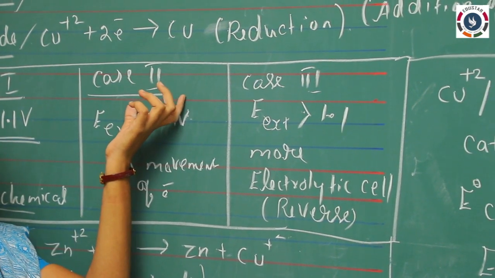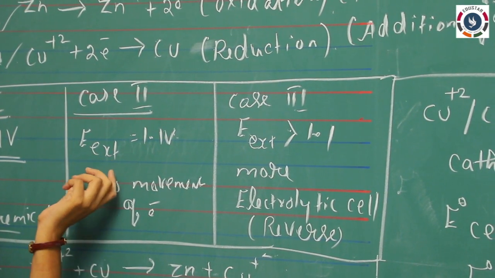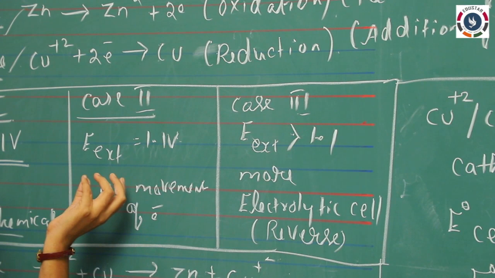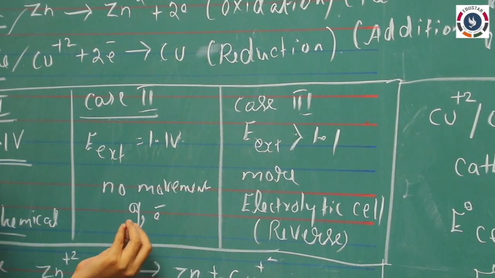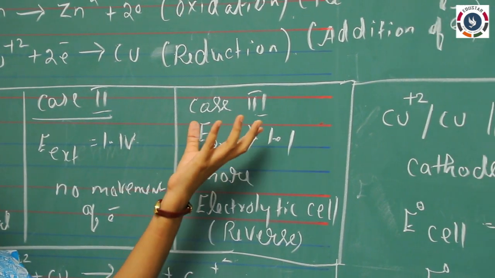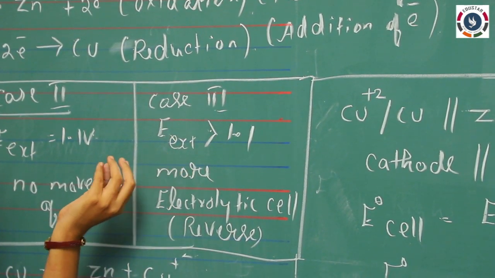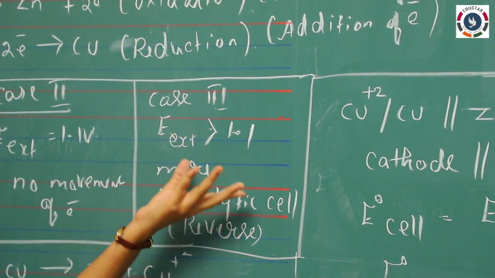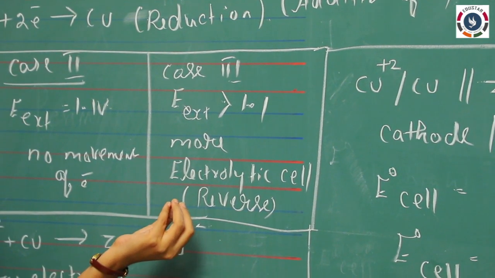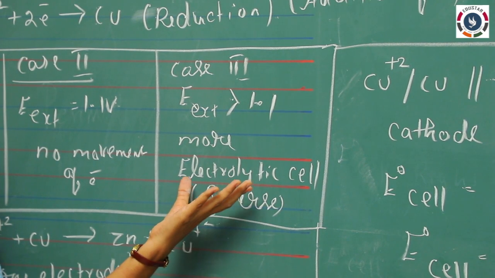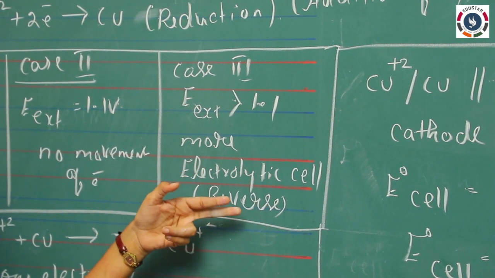In case 2, if we supply external potential equal to 1.1 volt, there would not be any movement of electrons. In case 3, if I am supplying external potential more than 1.1 volt, what happens? The cell turns into an electrolytic cell. What is the electrolytic cell? The reverse reaction will happen.